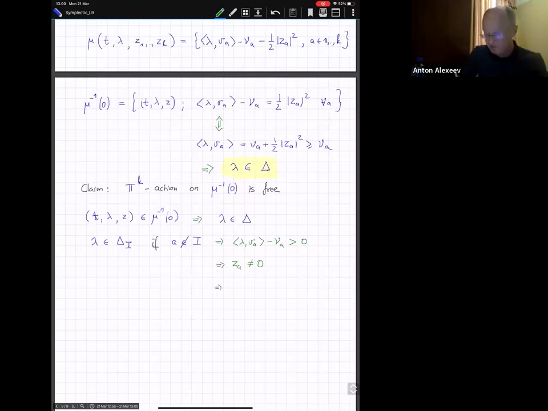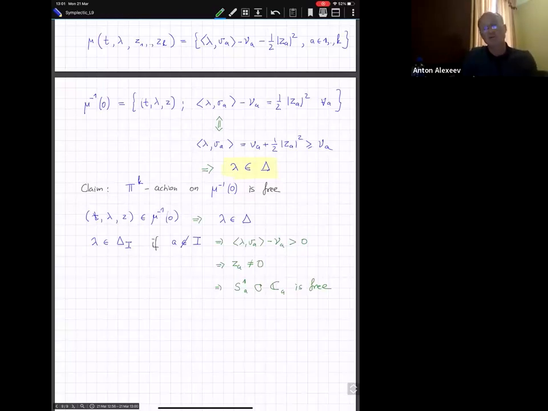And this means that the action by rotations is free. So right, we have a torus TK. It consists of many circles, and the circle S1 with the index A just rotates the ZA, and this rotation is free, of course, if we are not at the origin, right?